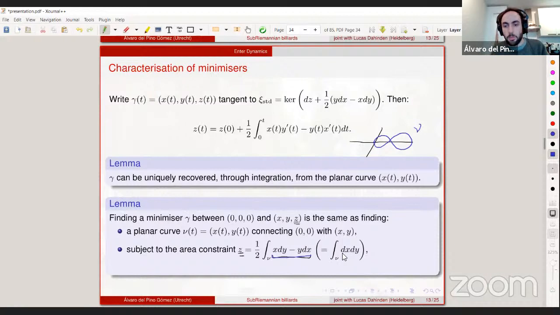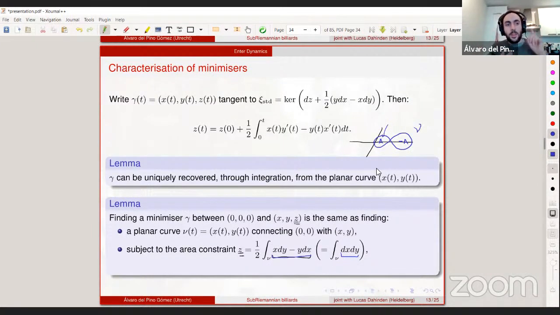This is a potential for the classical area form in the plane. So if I want z to be 0, so that my curve upstairs closes up, then the bounded area must be 0. For instance, in this picture, this area is A, and this is minus A. The total signed area has to be 0 if I want to close.